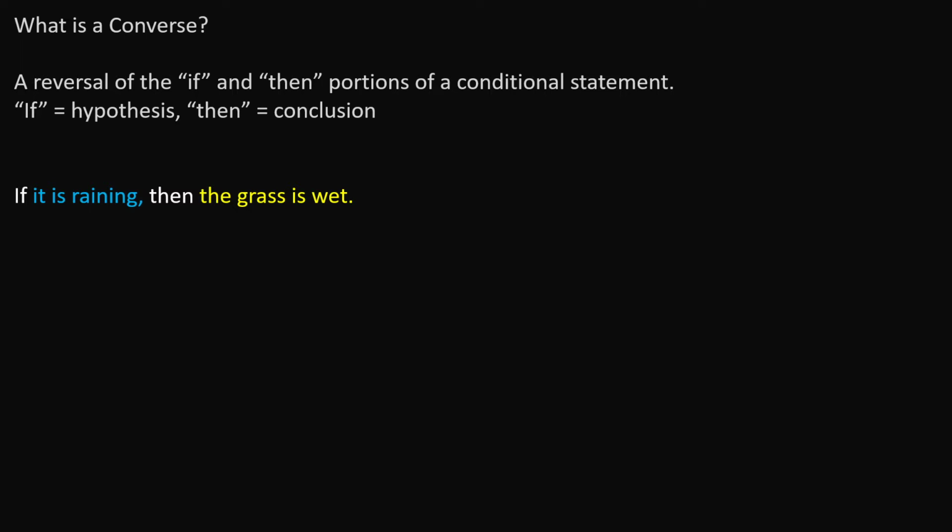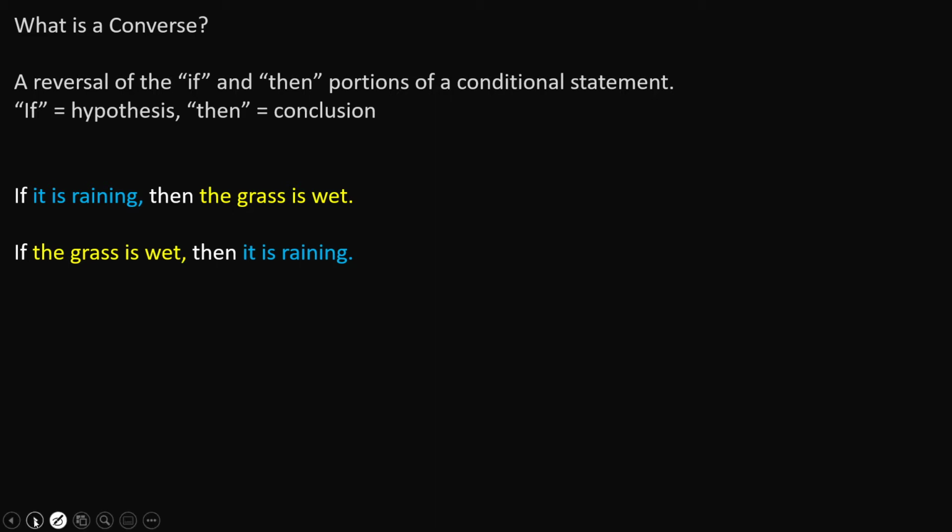Now, if we reverse the order of these statements, this would be the converse. So instead of if it is raining, then the grass is wet, we have if the grass is wet, then it is raining. And converses, when we reverse if-then statements, can sometimes be true and sometimes be false.